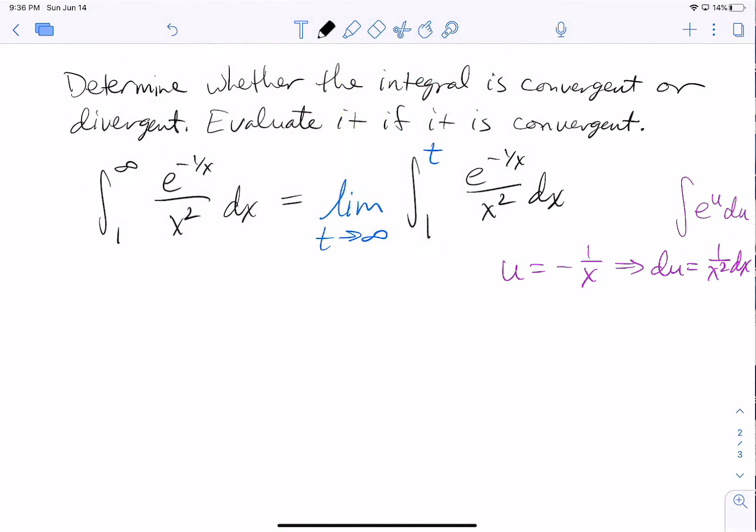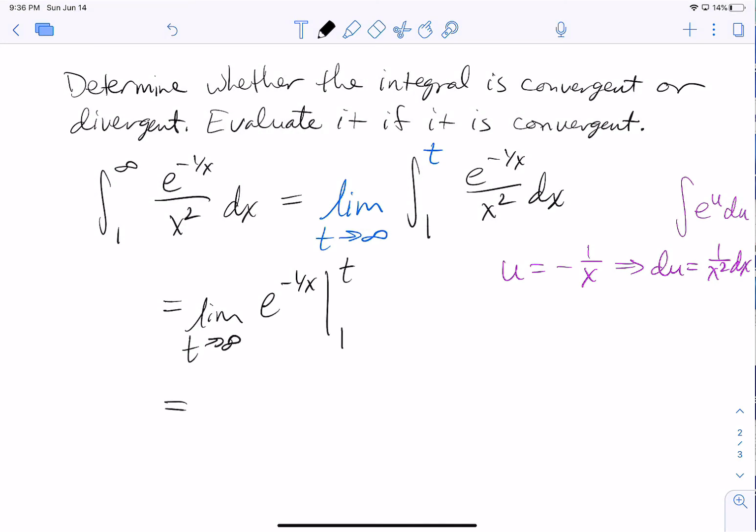I'm not going to make a substitution here because we already have enough going on with the limit as t goes to infinity. But we can say that this evaluates to the limit as t approaches infinity of e to the negative 1 over x, and the limits are from 1 to t.